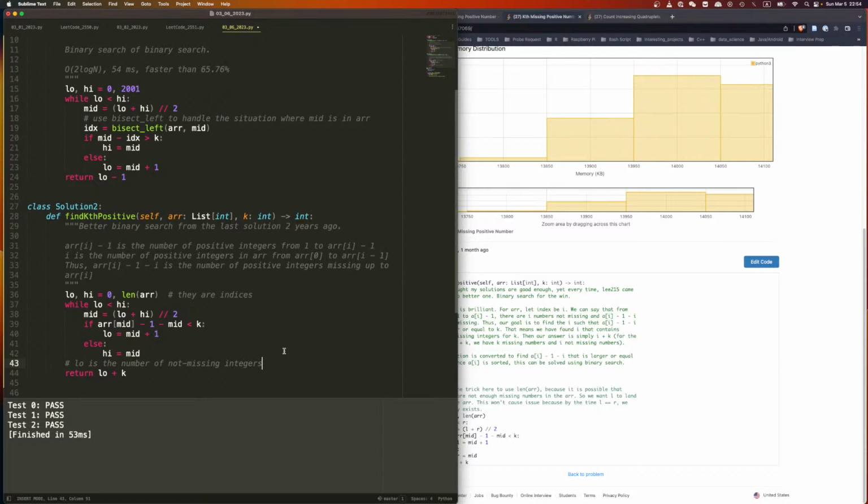Number of not missing integers from 1, right, to a certain value. Right, number of not missing integers.